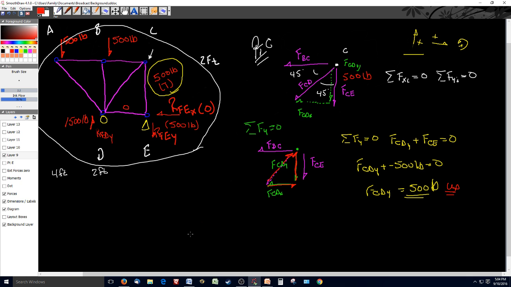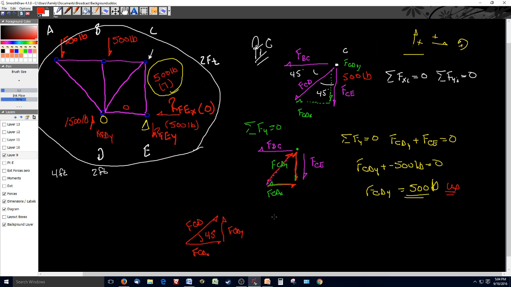Now we know that I've got a situation where I've got a vector. It looks like this. I've got an x component and a y component, FCDX, FCDY. I've got 45 degrees in here. And I've got FCD.